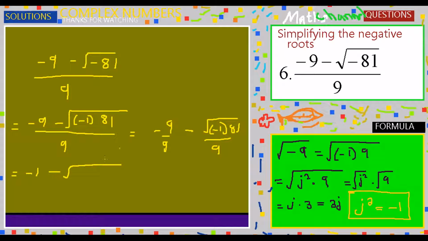So right here inside the brackets you'll have j square, because negative 1 is j square, and then you'll have 81 divided by 9.